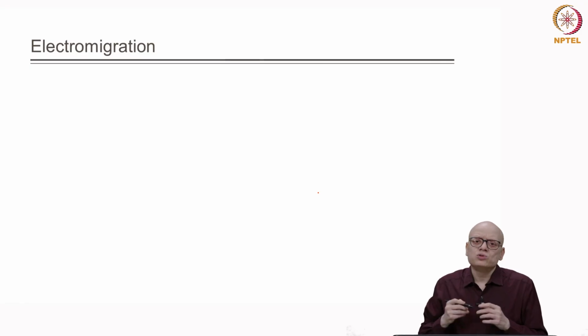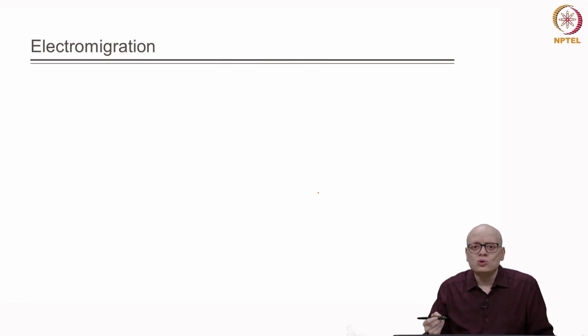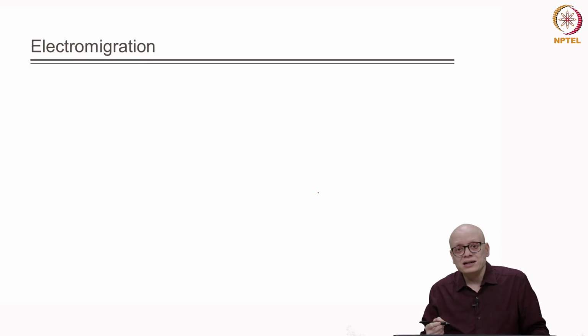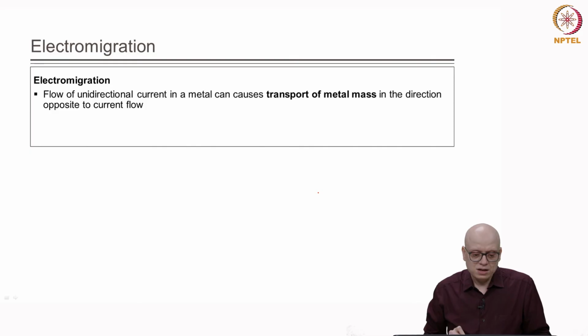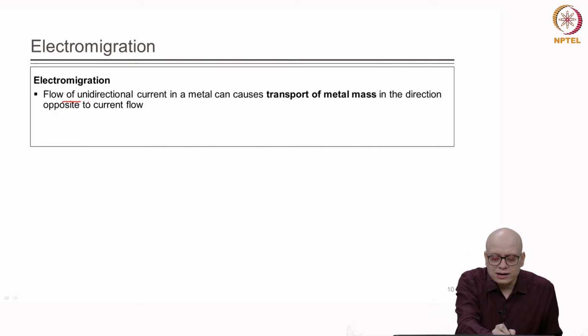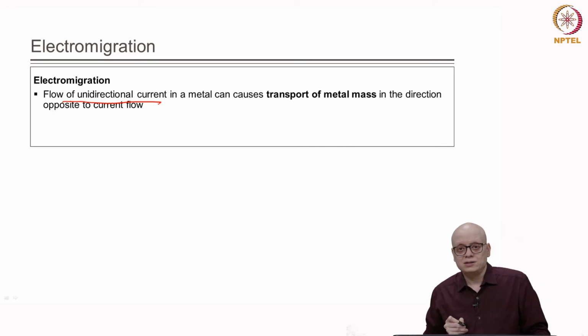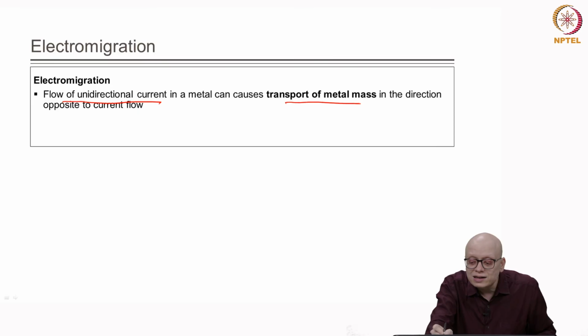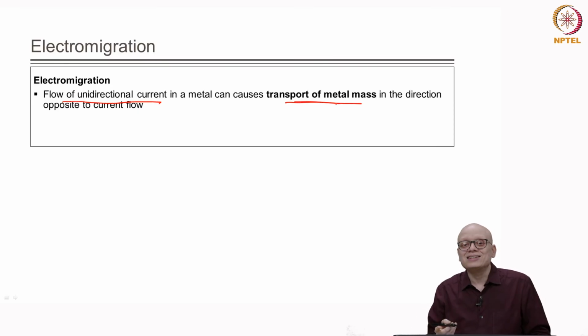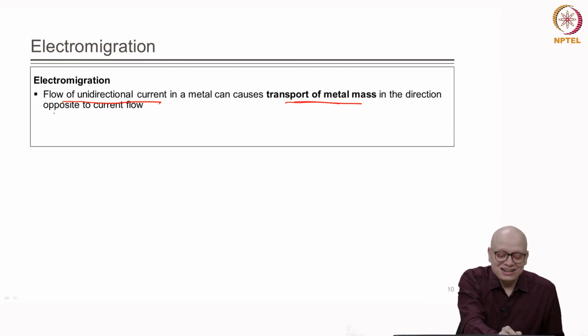Now, let us look into some of the problems that we need to tackle or consider while designing a power grid. The first problem is related to electromigration. Now, what is electromigration? When the flow of current is unidirectional in a metal, it can actually lead to transport of metal mass in the direction opposite to the current flow.